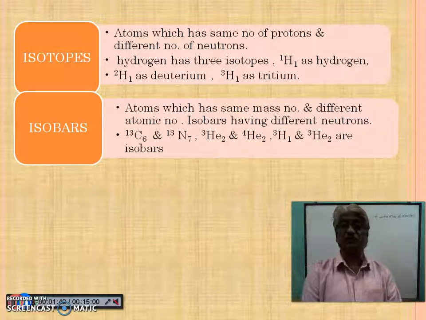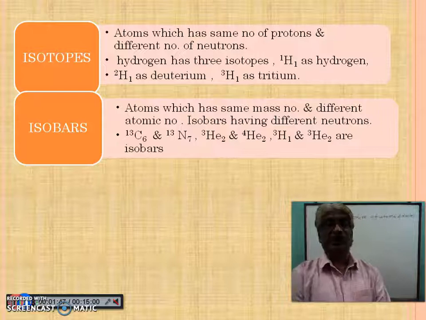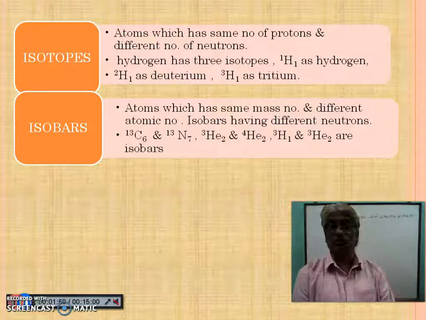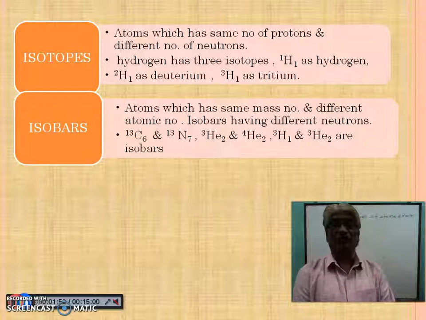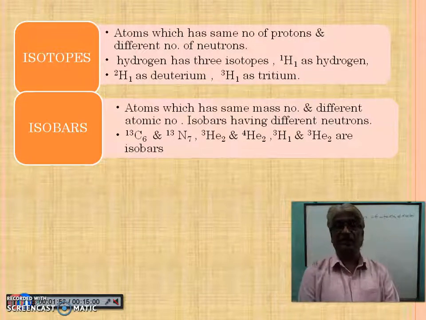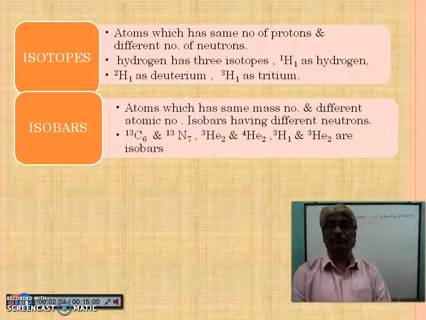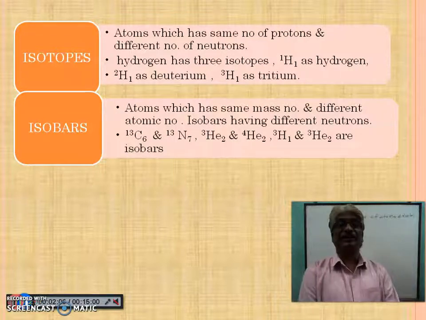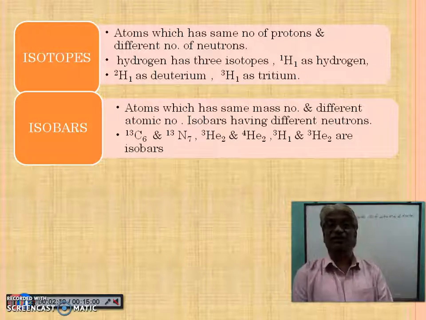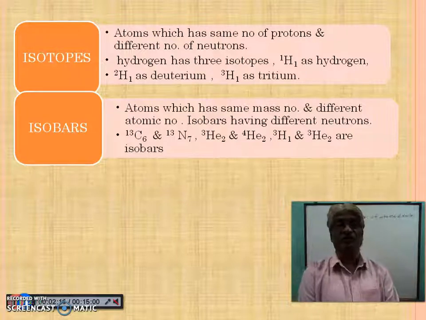Deuterium has mass number 2 and atomic number 1. Whereas hydrogen which has mass number 3 and atomic number 1 is tritium. Means isotopes have the same number of protons and different number of neutrons.